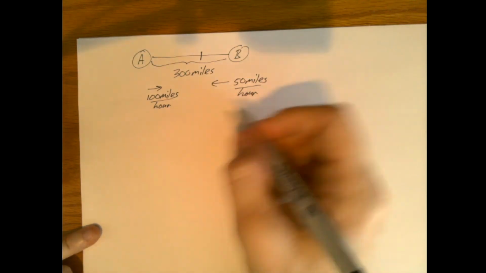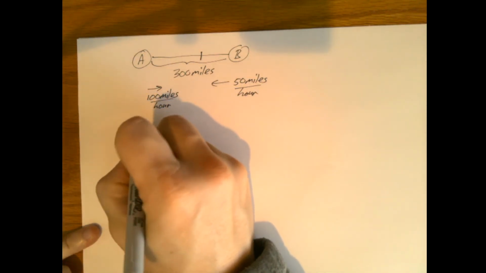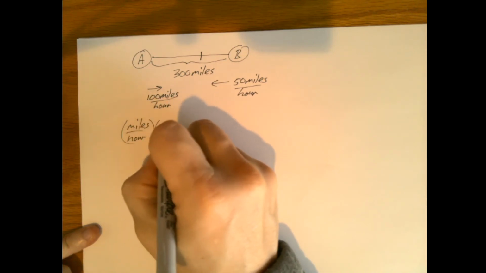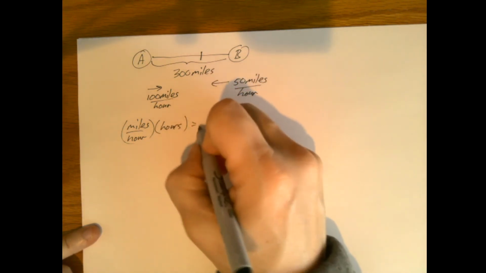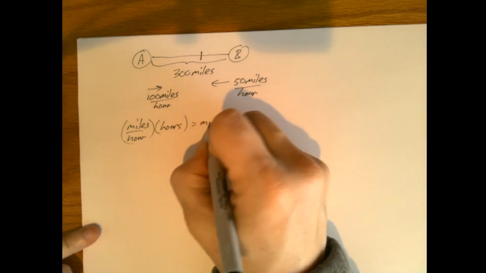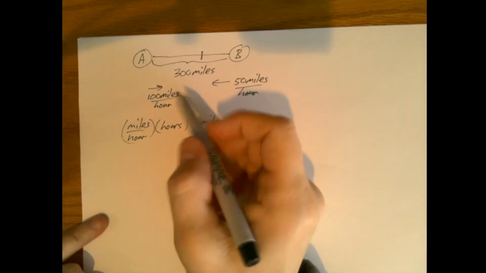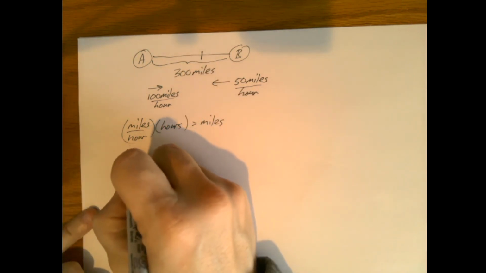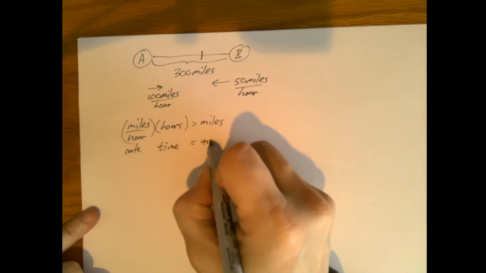So if we talk about our domain knowledge, what do we have here? Well, we have miles per hour times hours equals our distance or our amount, right, in miles. If we think back to our very first problem that I did with the rates of painting, it was the same thing. Here's the rate, here's the time, here's the amount.